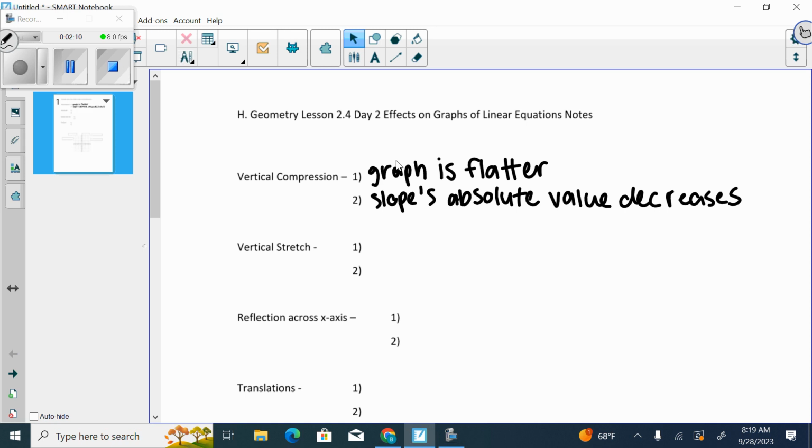A vertical stretch would mean that it's getting steeper, right? So this means the graph is steeper. And this is again determined by your slope. So for it to get flatter, if your slope's absolute value decreased, for it to get steeper, your slope's absolute value should increase, right?